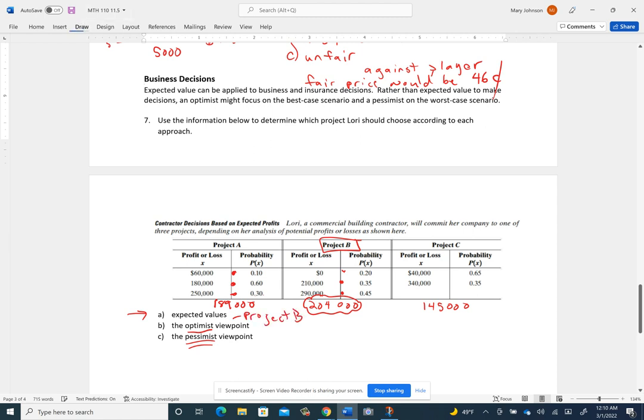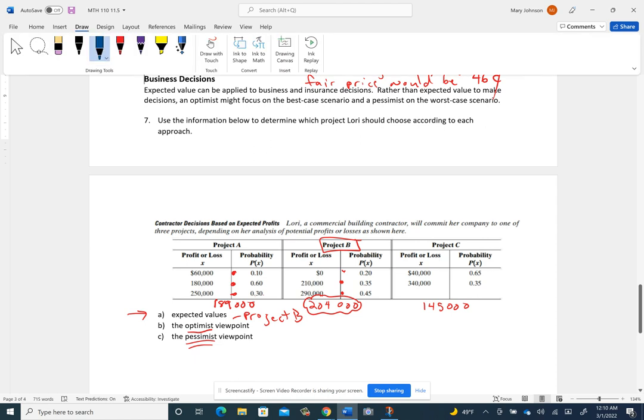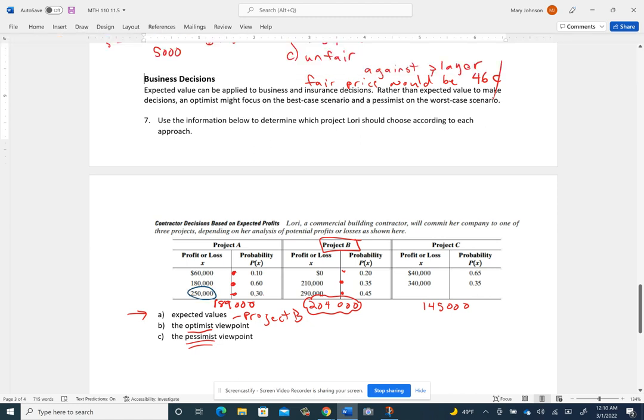Okay, but rather than using expected values, she might be taking the optimist viewpoint. Well, with which of these projects do you have the possibility of making the most money? Okay, so the most you can make on project A is 250,000. Project B, the most you can make is 290,000.